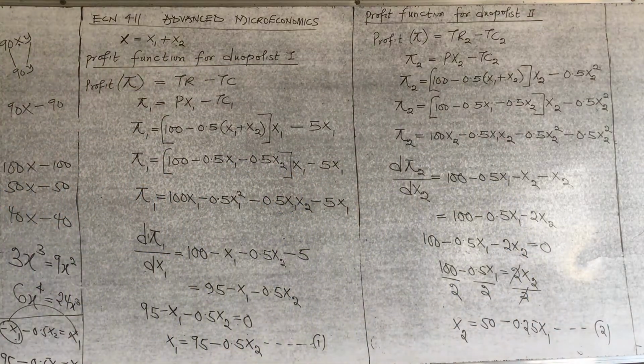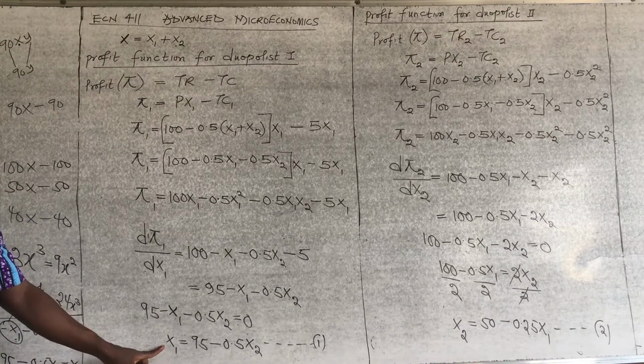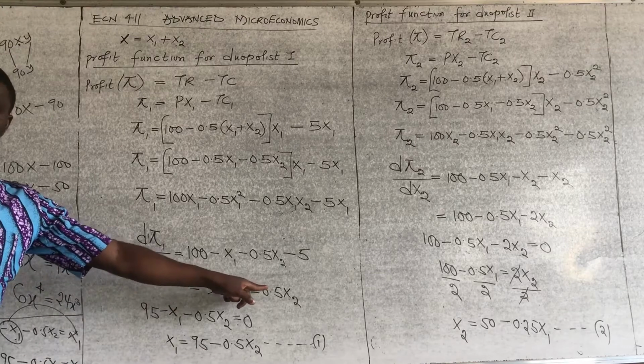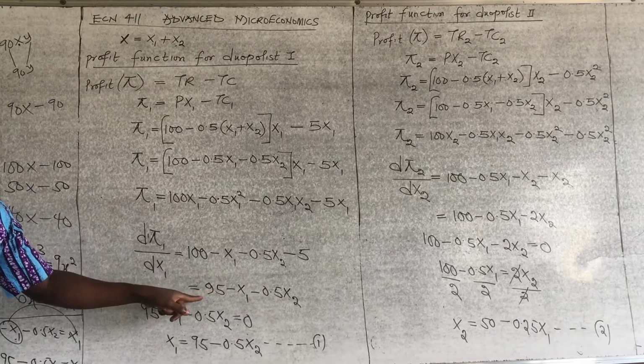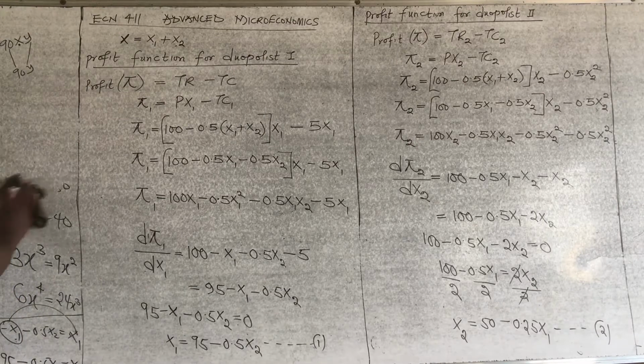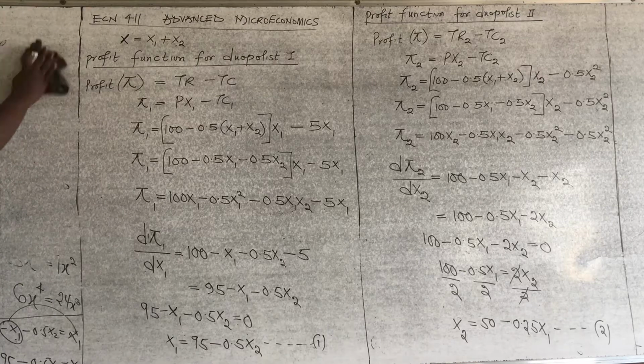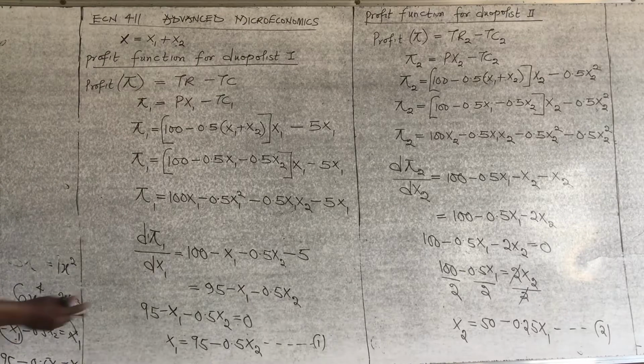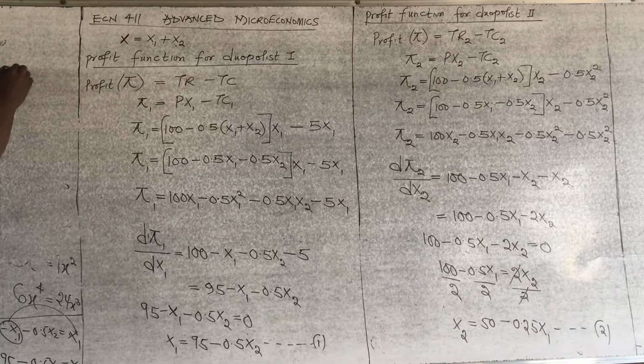Who is not clear with this? Okay. From there, I'm going to go to minus x1, and then take it to the other side. That's what I explained here. It shows that when I was explaining that, you didn't follow me. From here, I have 95 minus x1 minus 0.5x2.